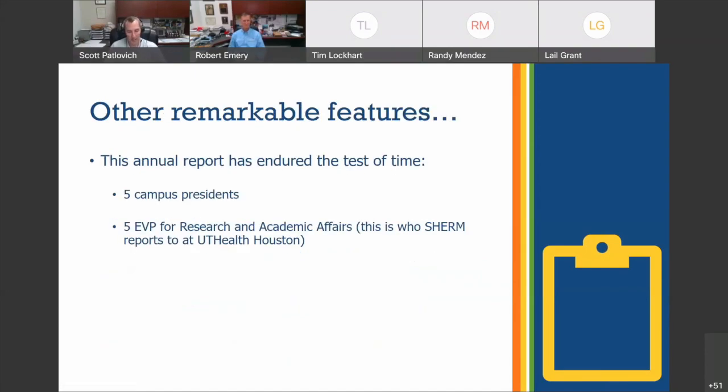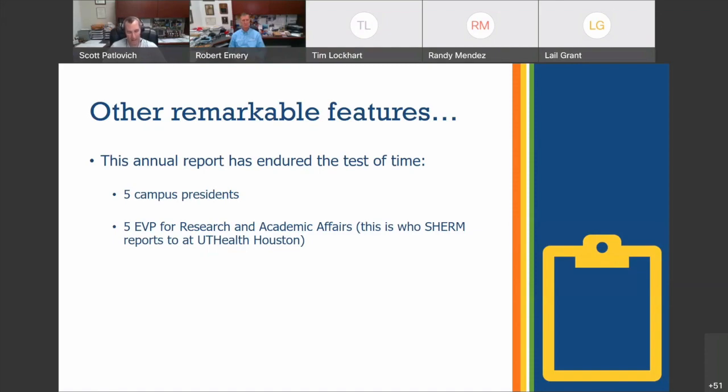And then the litmus test here really has been, for us at least, that this annual report has endured the test of time. We find it to be an effective way to present our information. We've had 5 campus presidents rotate through our institution over the course of time since we first started creating this annual report, of which we've been presenting this to.